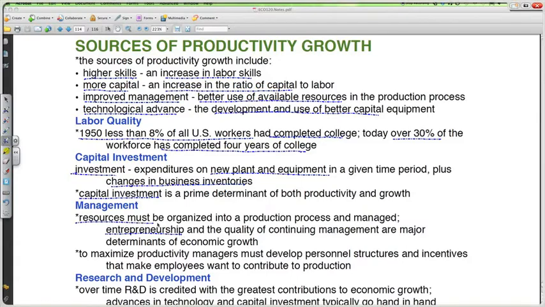They decide how those resources are organized. The better they organize the labor with the capital, the more productive they're going to be. It also especially deals with incentives in the labor force, because you want employees to contribute to production and have the desire to work.